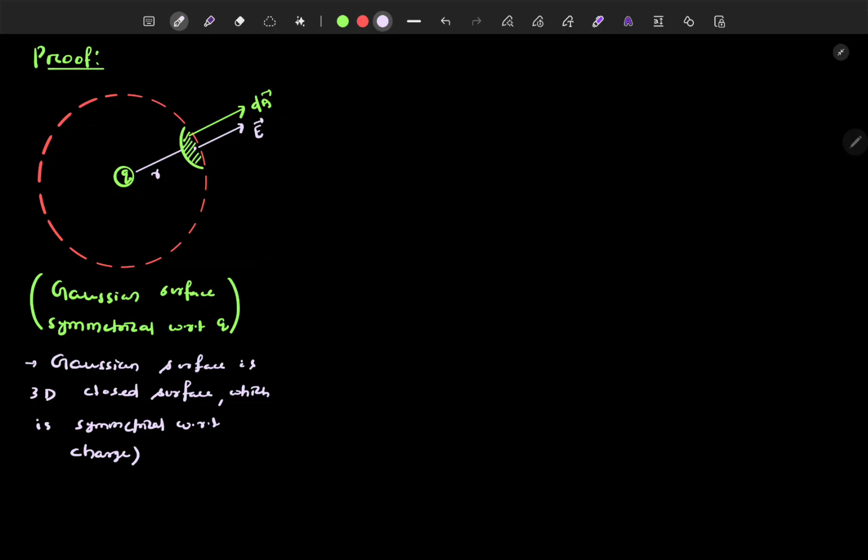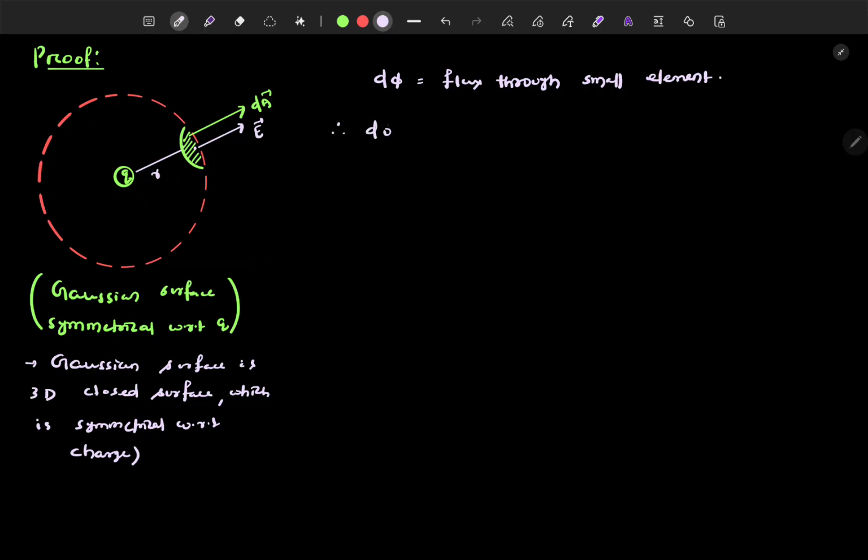Yes, okay. So now tell what is the value of small flux through this element. Let small flux through this element be d phi. So what is the value of d phi?